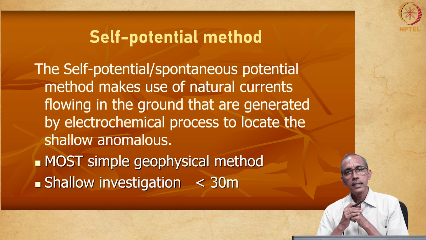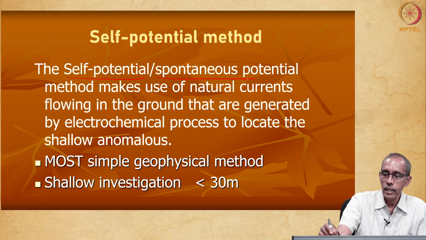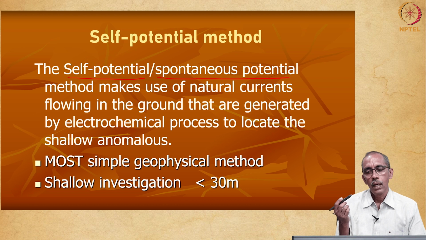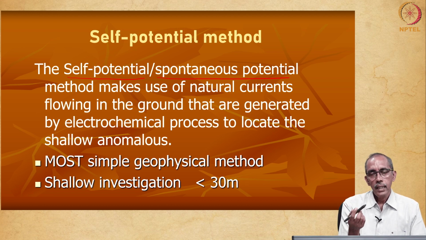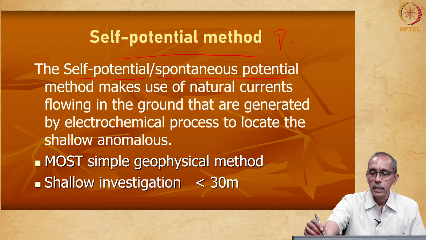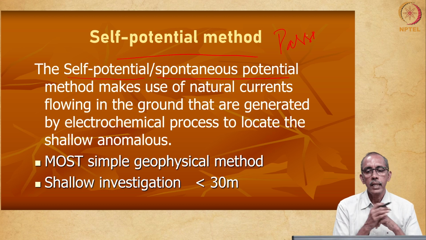What exactly is self-potential method? Self-potential method is also known as spontaneous potential method. What do we mean by spontaneous potential? We have already seen the self-potential method is a passive method. So, what is passive? We are not going to transmit any signal.